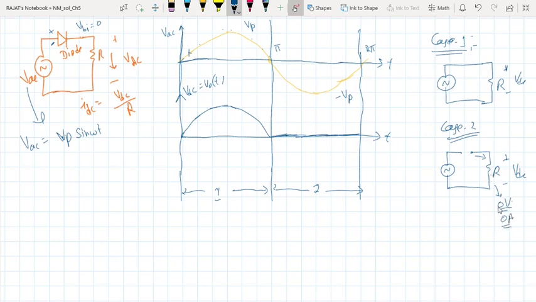Remember, I'm saying here the voltage VDC is equal to 0 and IDC is equal to 0. So this is the case where the load is floating, no connection is there, this is a case of floating.